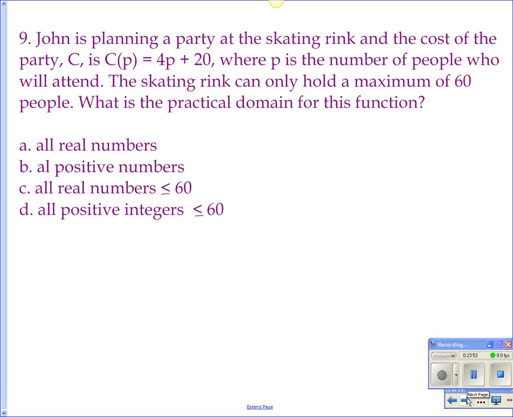Okay, number 9. Blake, read this one. Good. Dylan, what's a word I should circle?